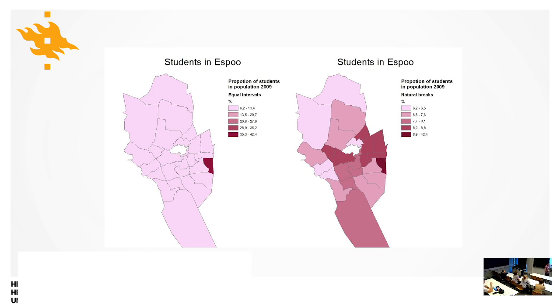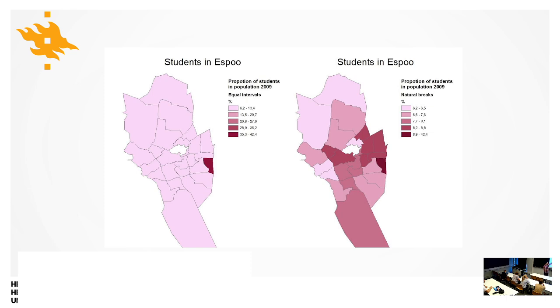So it's super important. Data classification, you don't immediately think of it as something relevant to visualization because it's a bit mathematical. So you don't think of it as something you need to know as a cartographer, but you actually do. Because it's super important, it can really affect how your map looks like and what information you're conveying.